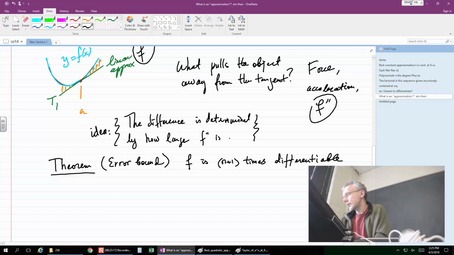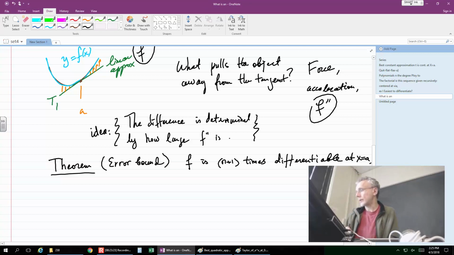That is a prerequisite for a function to have an approximation in the first place. That is given, and then we need an estimate for the derivatives between 1 and n plus 1.